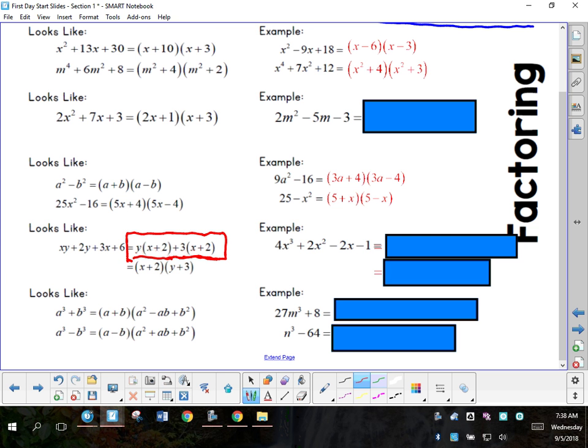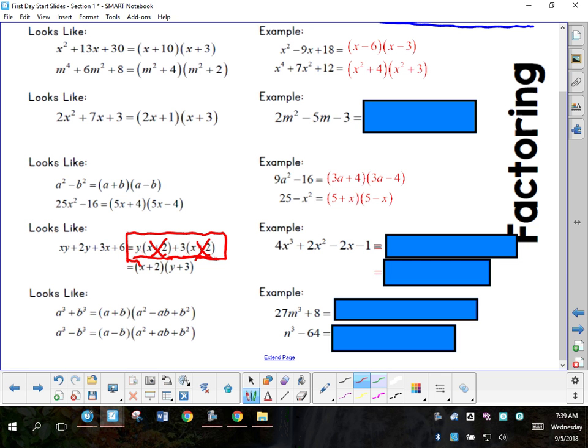Hands up, please, if you can tell me what is the common factor now after you did the 2 smaller GCFs. What can you factor out from both ends of that binomial? An X plus 2. When that gets factored out, it's not there anymore, and it's not there anymore. That leaves you with a Y plus 3 left over.